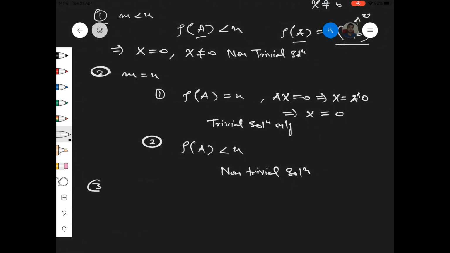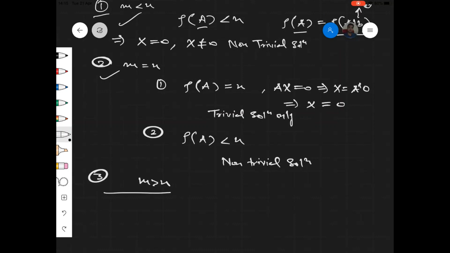The third case arises when m is greater than n. In that case, we can use elementary row operations and convert this case into either case 1 or case 2.